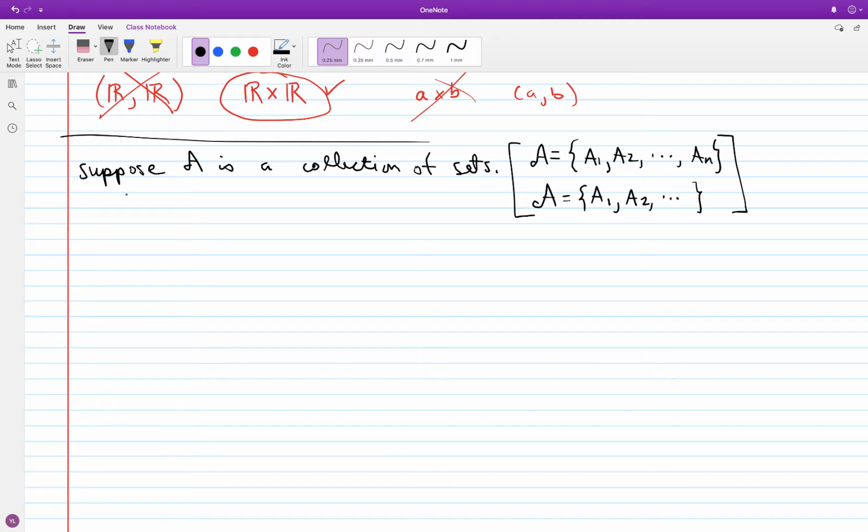Okay, so start with that, and imagine that each one of those sets was a subset of some other common set. So actually, I might modify how I started this sentence: suppose that curly A is a collection of subsets of some common set A.